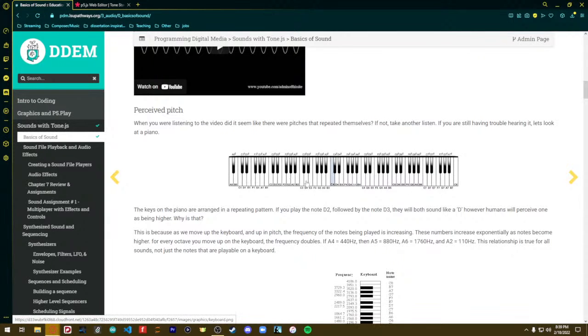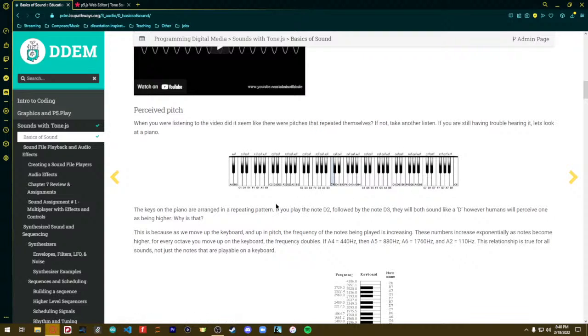Within an octave, the standard convention is to start each octave on C and go all the way to B. You'll notice it's repeating in this cyclical pattern, using the white keys C, D, E, F, G, A, B, C, D, E, F, G, A, B, and so on. The number designates what octave we are in. So C2 is one octave below C3, which is one below C4 and C5, and so on.